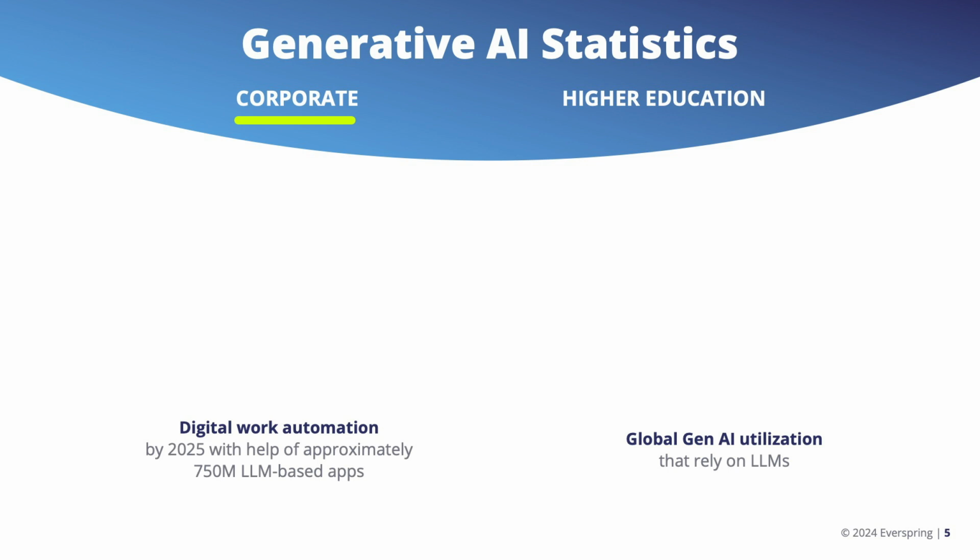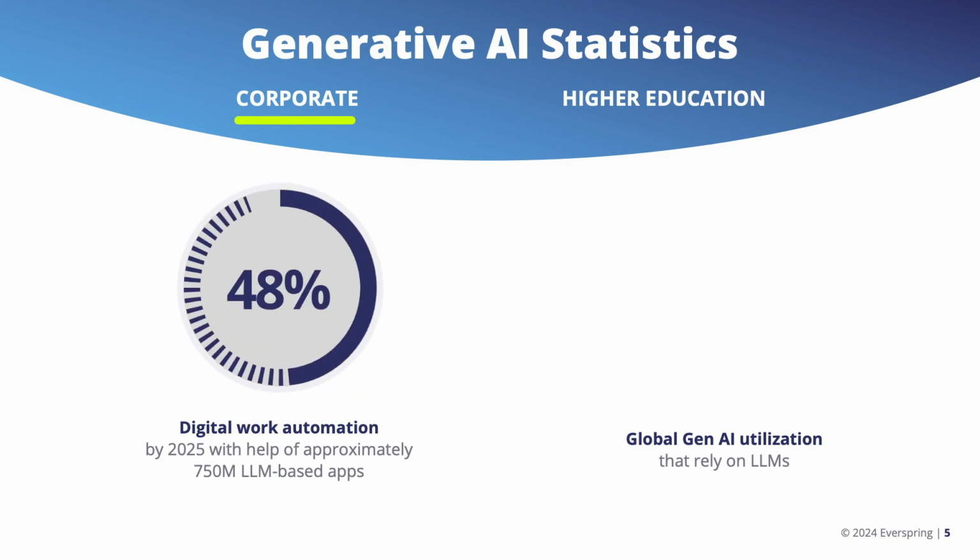As we mentioned earlier, generative AI and large language models, or LLMs, have quickly gained popularity across various sectors. The following two slides will provide us with some numbers that clearly illustrate this growing trend in both corporate settings and higher education. Let's start with the corporate data. By 2025, it's estimated that 50% of digital work will be automated through applications powered by language models.